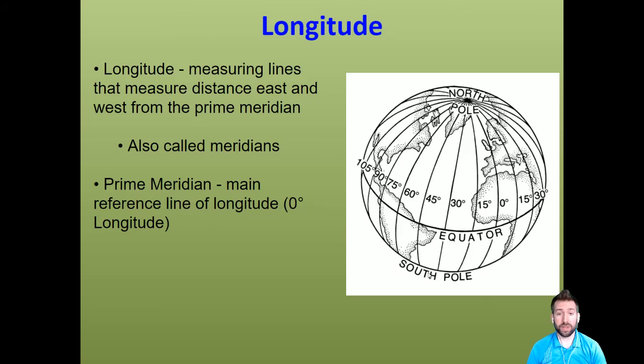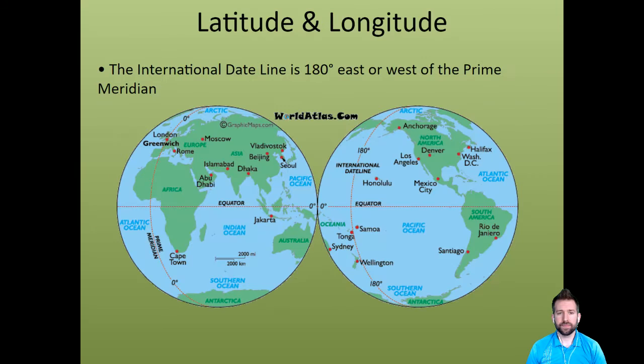Big difference between longitude and latitude. And you can see that they usually are marked every 15 degrees. So this is a little different than latitude, which tends to get marked every 10 or so, but here they usually get marked every 15. And there's a good reason for that, which we'll get into a little bit.